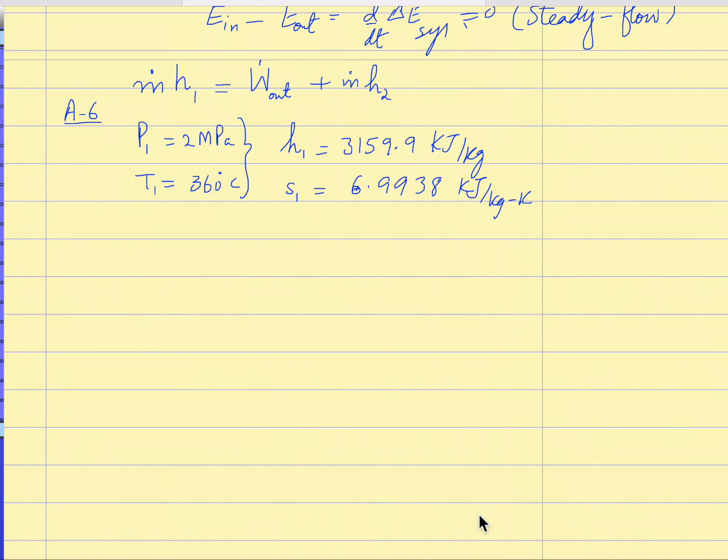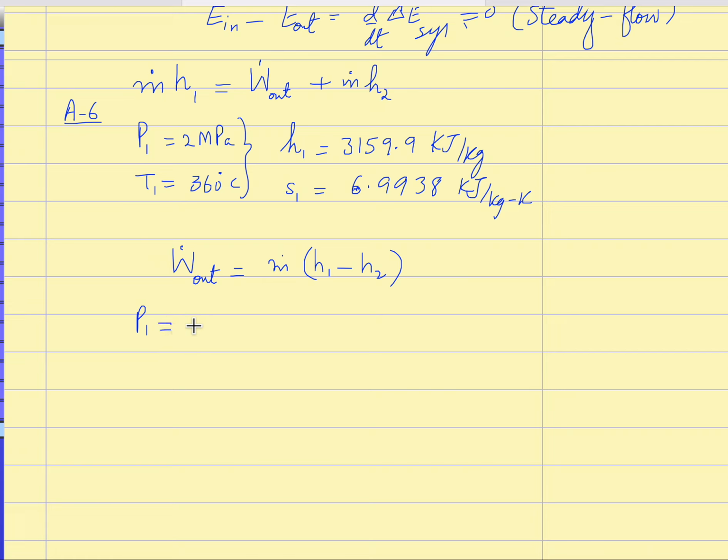Now we are interested in work output. So the power output, the rate of work, is equal to m dot times H1 minus H2.